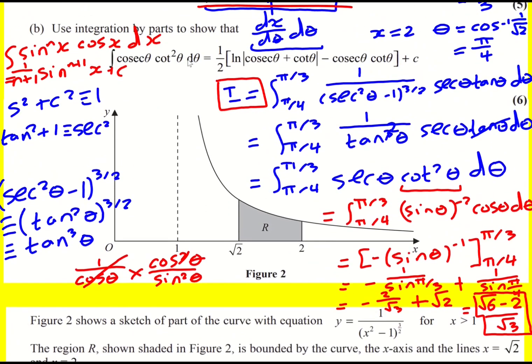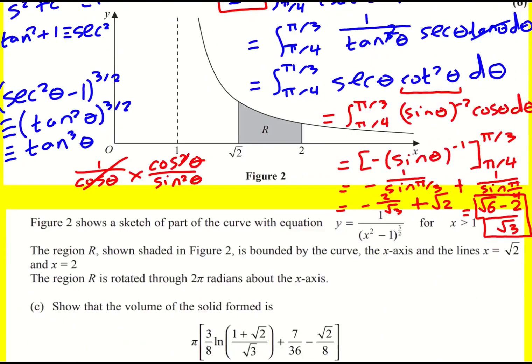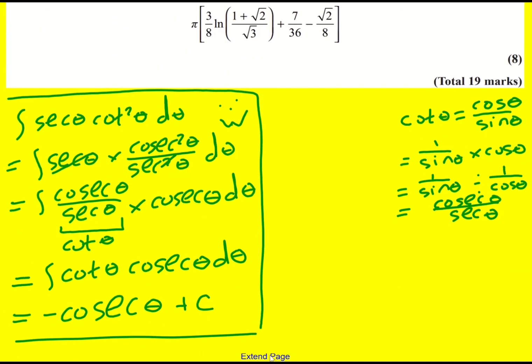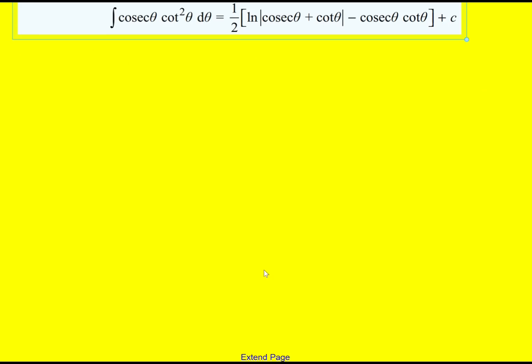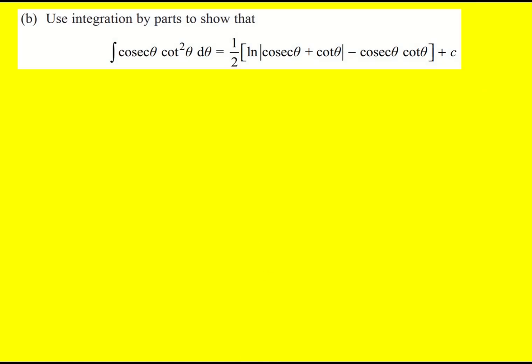Part B then asks us to use integration by parts to show that this integral on the left is equal to this on the right. Okay, so I'm going to say that this integral is J. It's worth spending a little bit of time thinking about what you're going to let equal u and what you're going to let equal v dash.